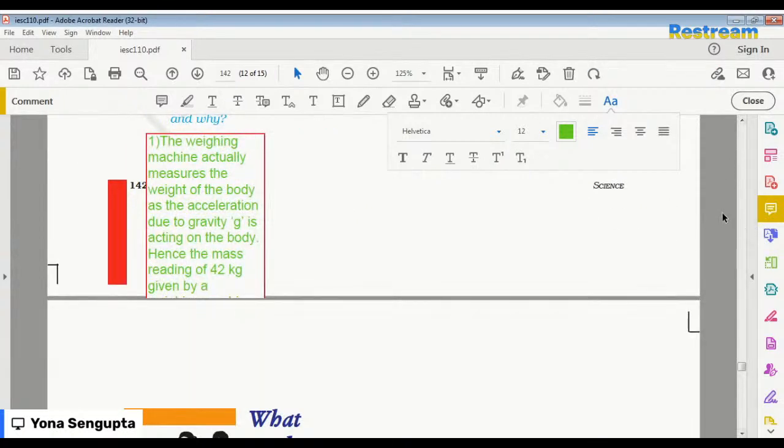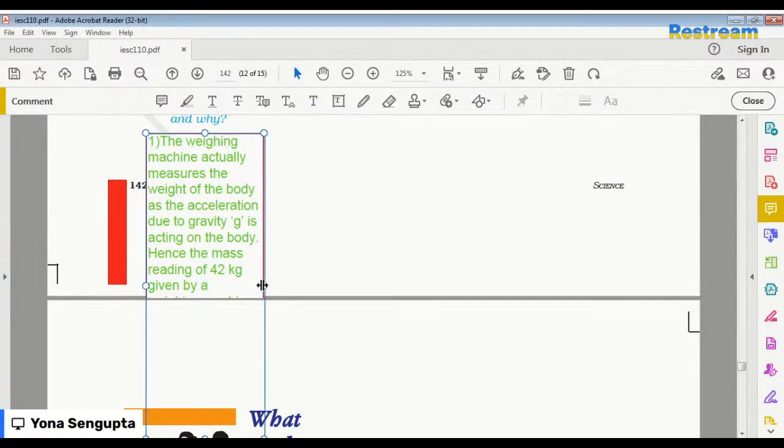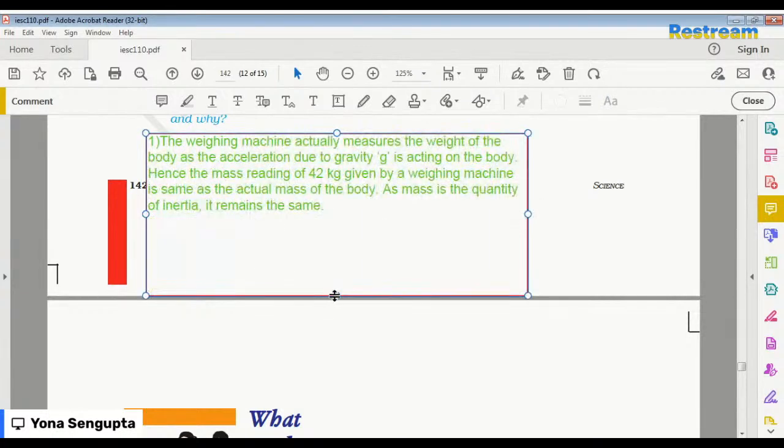The machine actually measures the weight, as in acceleration due to gravity.